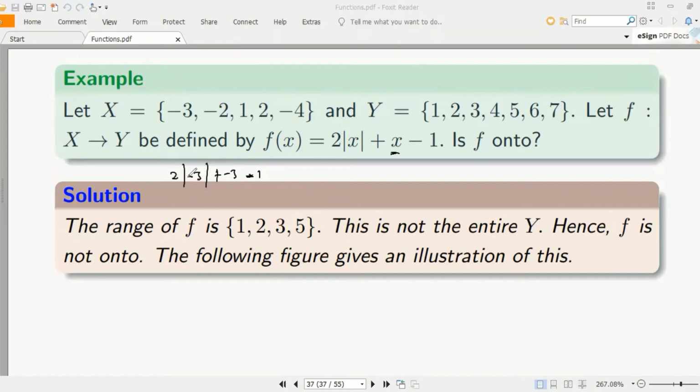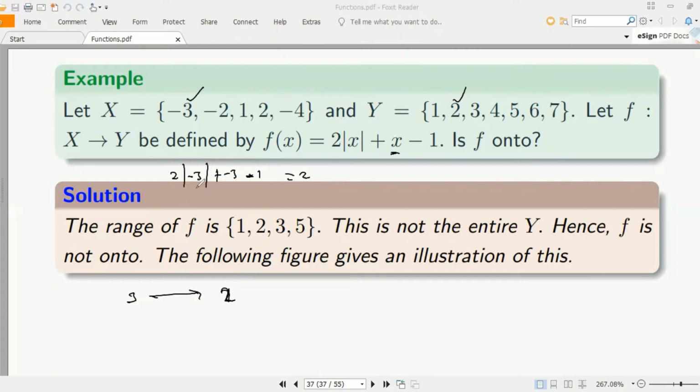So this will be 6 here. Positive 6 minus 3 would be 3, minus 2, which is 1, minus 1, which would be 2. So -3 would be assigned to 2.